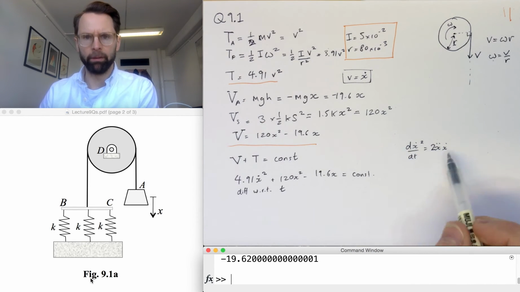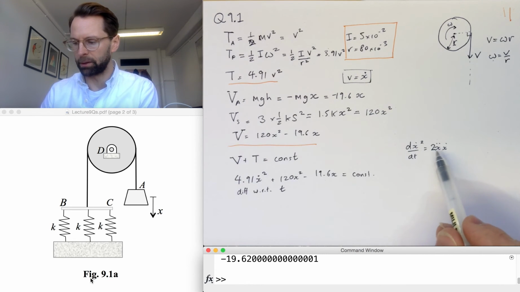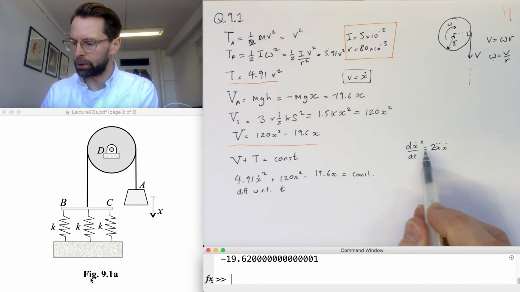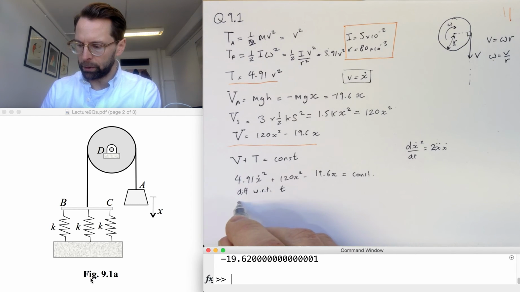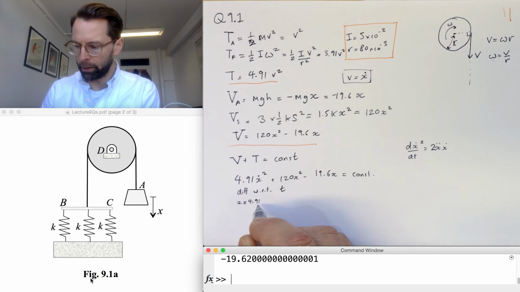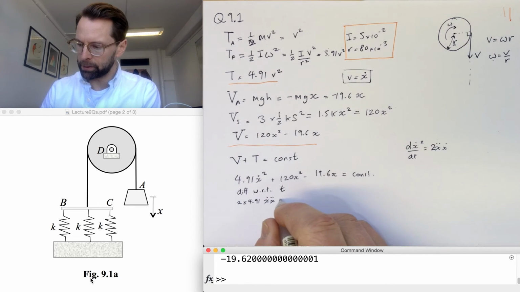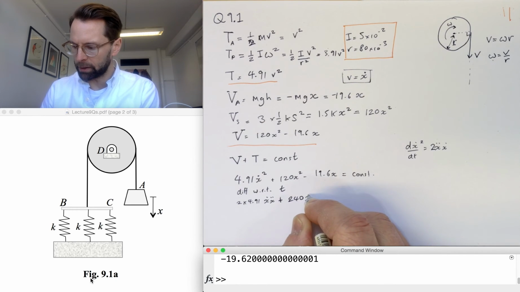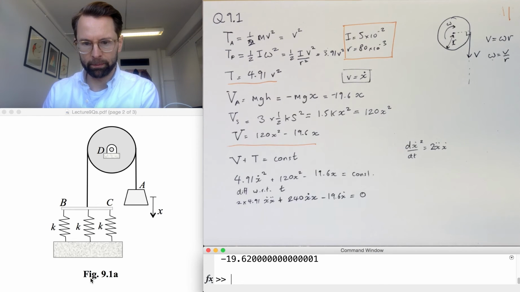And you can go over previous tutorials where I explain that a bit more carefully, but that's just to remind you of how you differentiate something using the chain rule. So this would then go to 2 times 4.91 x dot x double dot plus 240 x dot x minus 19.6 x dot equals 0.